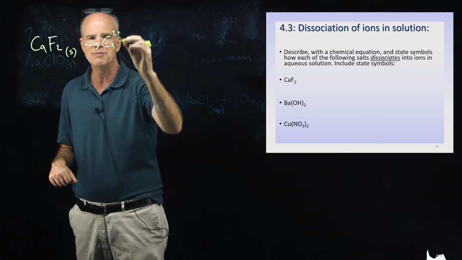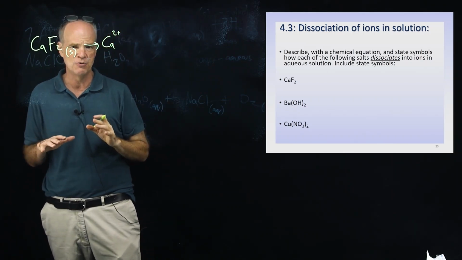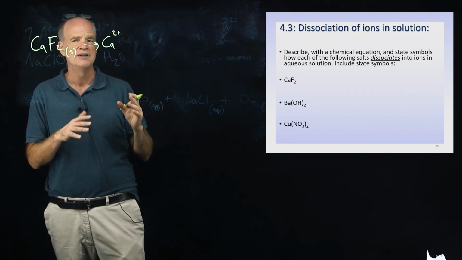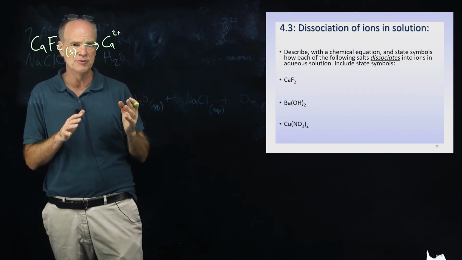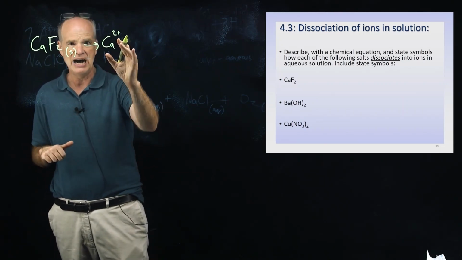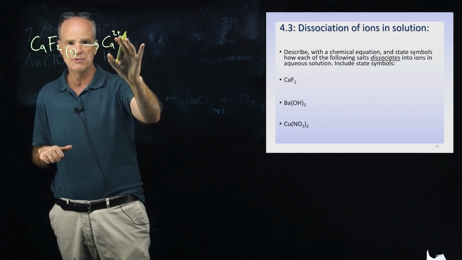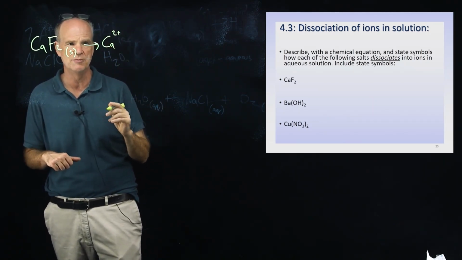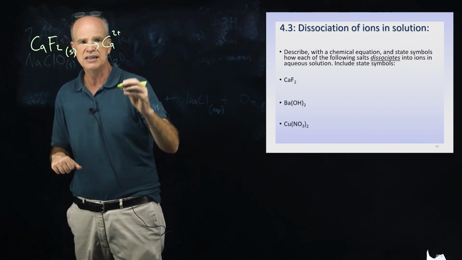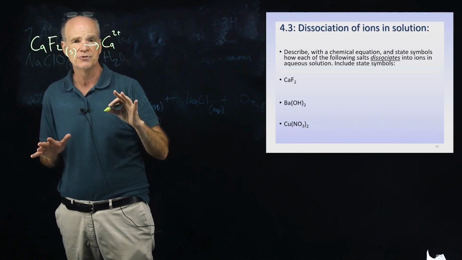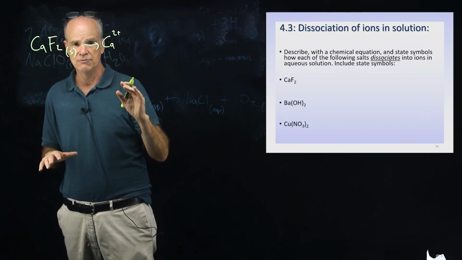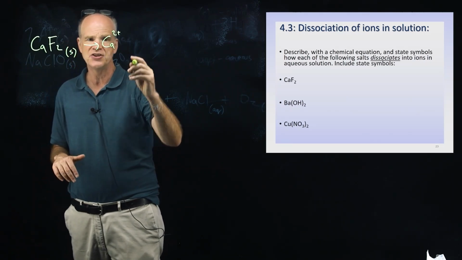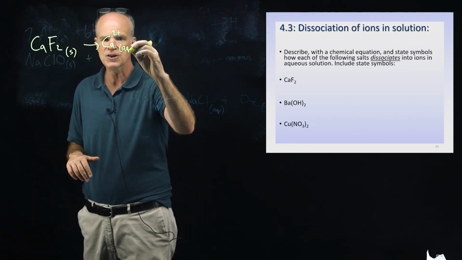So when the calcium ions are yanked off by the waters and are separated off, now you have calcium ions. You can see that we want to represent those ions with a 2+ charge. So we indicate the charge in the elemental symbol. And then we indicate that the calcium is now surrounded by waters by writing a state symbol for the calcium ions, which is (aq).